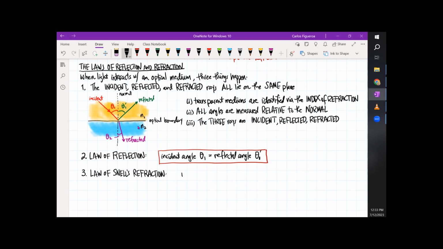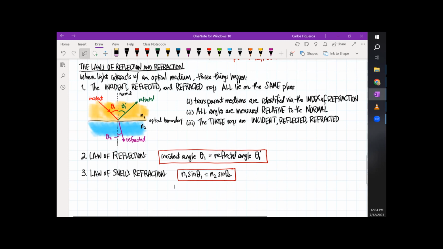It says that the index of refraction of one medium, which is a material property, times the sine of its angle theta 1, is equal to n2 sine of theta 2. Most of our time is going to be spent with the law of refraction.